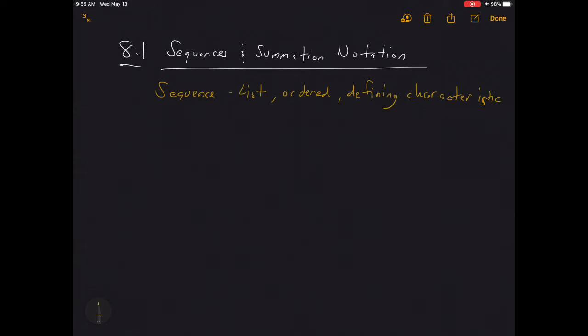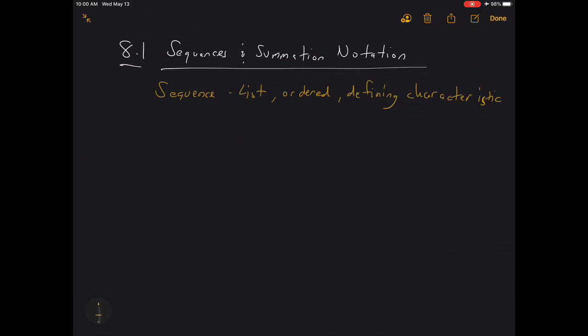So a list, mathematically, obviously, is what we're going to be dealing with, but a sequence could be, give me the sequence of all of the presidents of the United States. Well, you'd start with George Washington and then go second, third, and fourth. You would just list them in order, but the defining characteristic would be the order that they were presidents in.